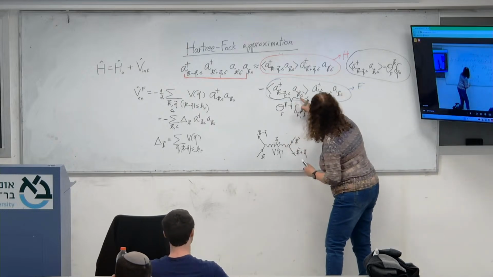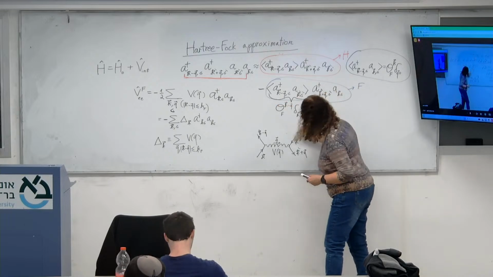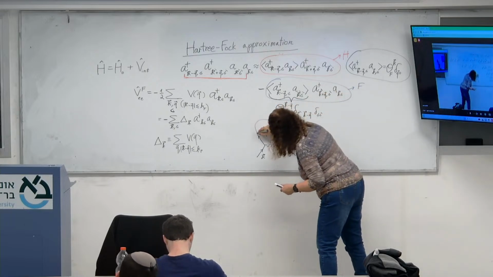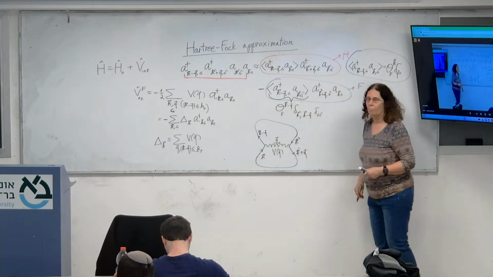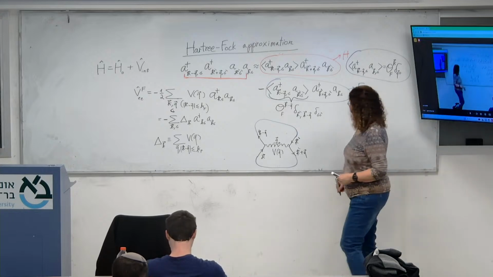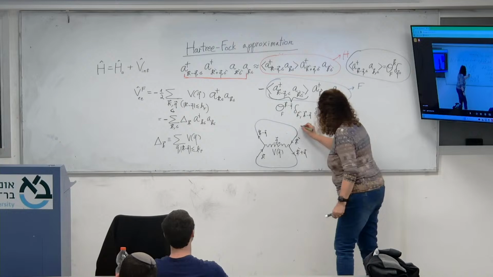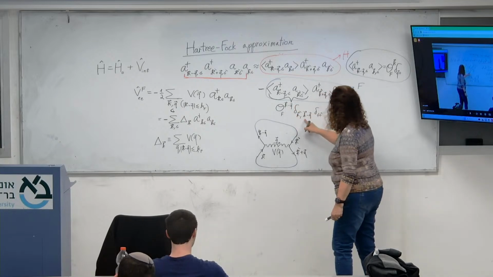I'm contracting k prime with k minus q. So this and this. Okay? And this gives me the delta of k prime and k minus q.